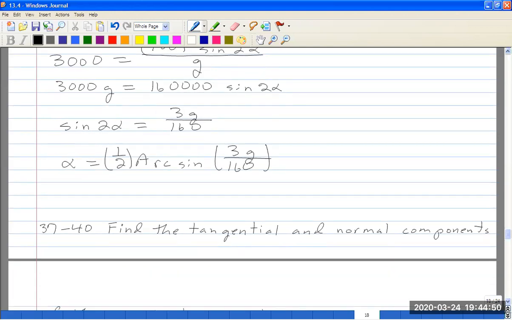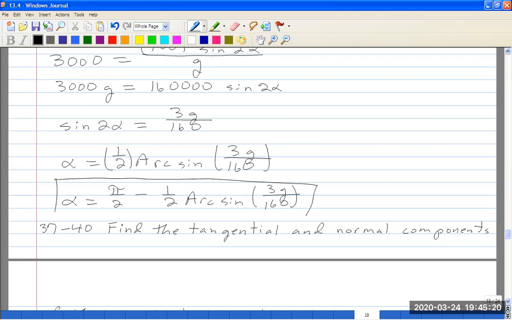You can do pi over 2 minus this. So alpha equals pi over 2 minus 1/2 arc sine of 3g over 160. And that is your answer. So these are the two angles.